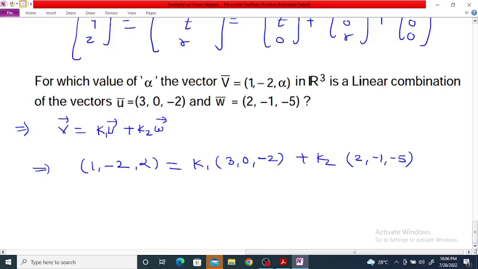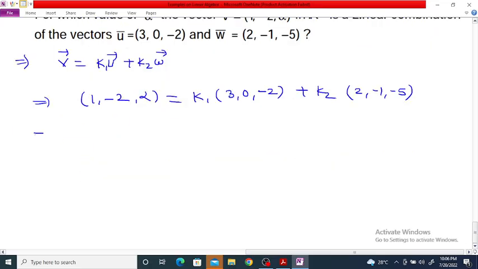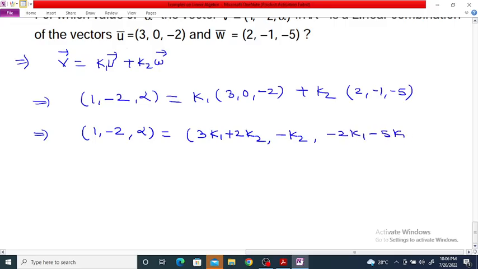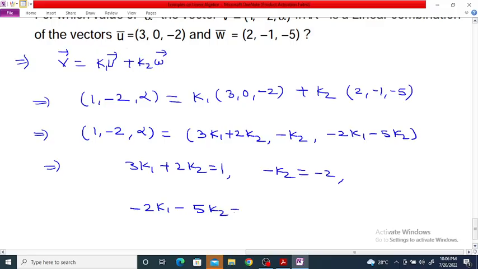Now if we equate the LHS and RHS, we get thrice k1 plus twice k2 is equal to 1, minus k2 is equal to minus 2, and minus 2 k1 minus 5 k2 is equal to alpha.